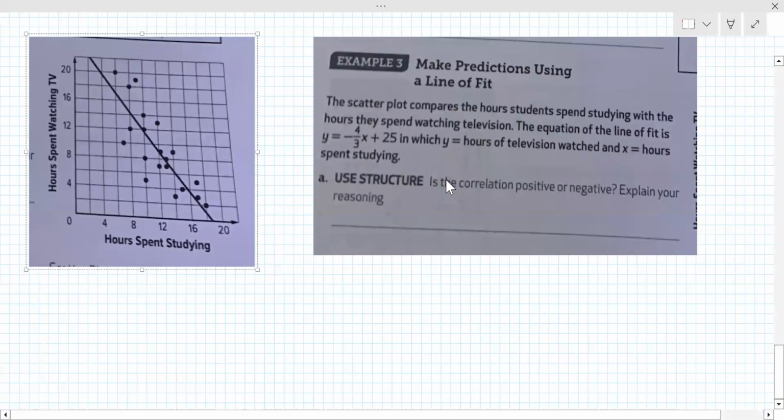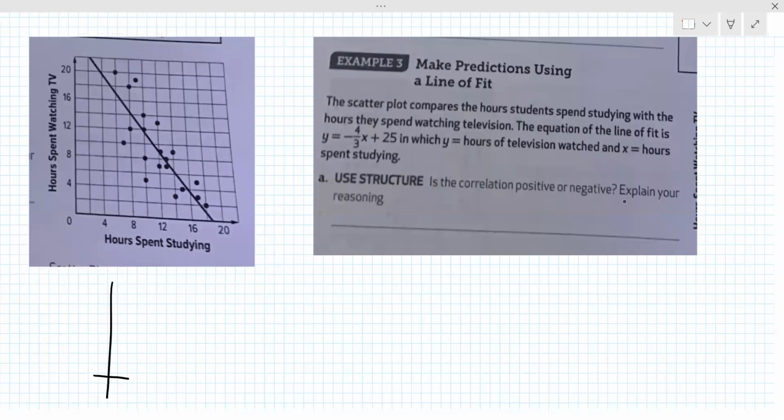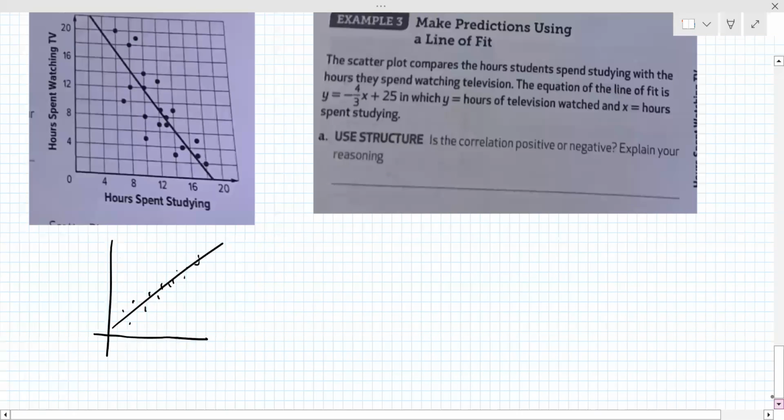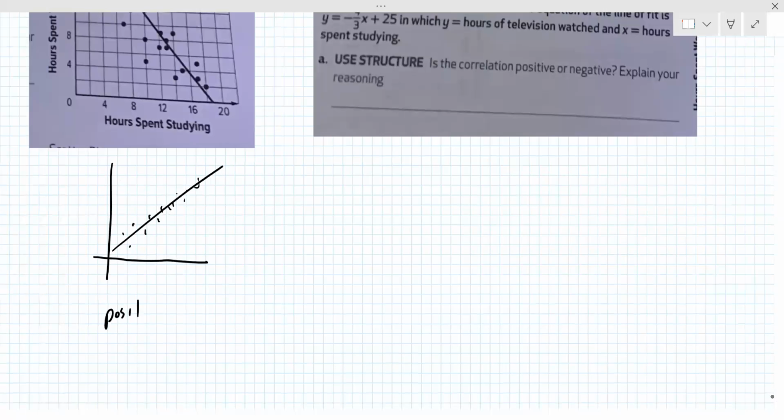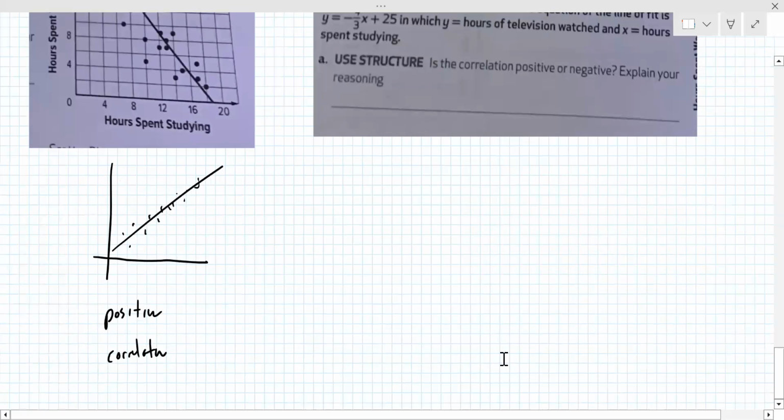And the question here is, is the correlation positive or negative? I'm going to give you the two graphs. So positive correlation goes up and to the right. Now, in words, what this means is that the more of the one thing you do, the more of the other that you do.